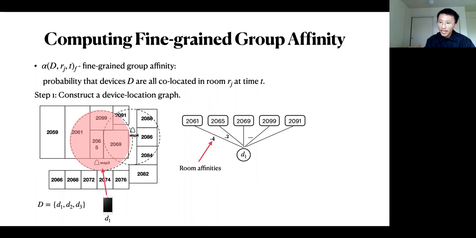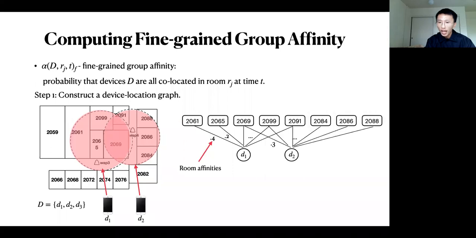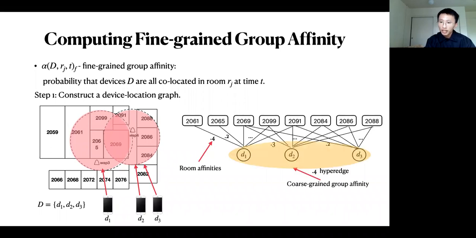The weight of the edge is the room affinity we computed before. Similarly, we can expand the graph for device D2 and device D3. And then we add a hyper edge for the device nodes, and the weight is the coarse-grained group affinity, representing the probability that they are in the same region.